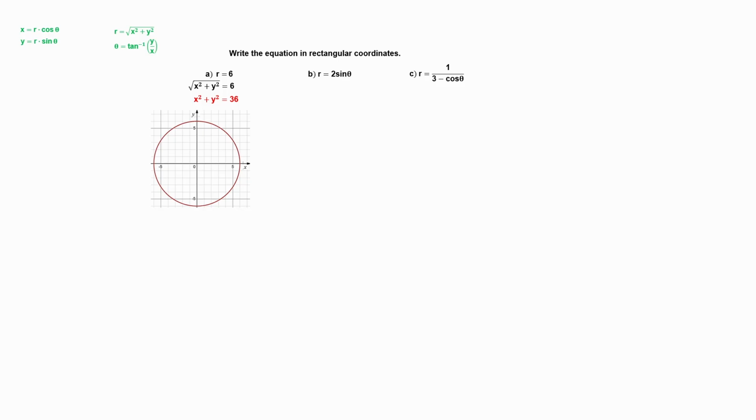To solve part B, we begin by multiplying both sides by r and making the appropriate substitutions to arrive at the expression. By moving 2y and adding 1 to both sides, we obtain the equation of a circle with a radius of 1 centered at the coordinates x equals 0 and y equals 1.